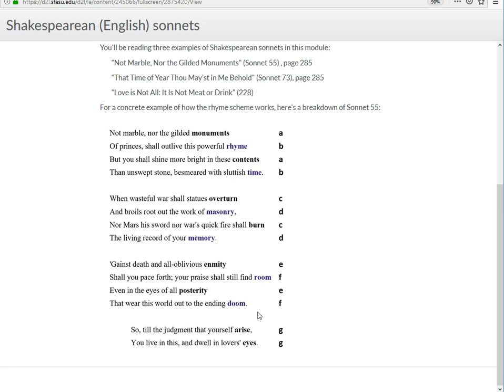Because Shakespeare is explaining here how love poems tend to work, which is you write them maybe for your beloved, whether he or she is concrete and real or whether they're hypothetical, and then other people will use those poems for their own courtships. So this idea that you'll dwell in lovers' eyes, as people are reading this poem back and forth to each other over the centuries to come, you're still there.